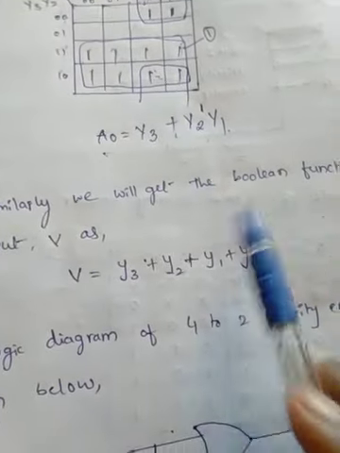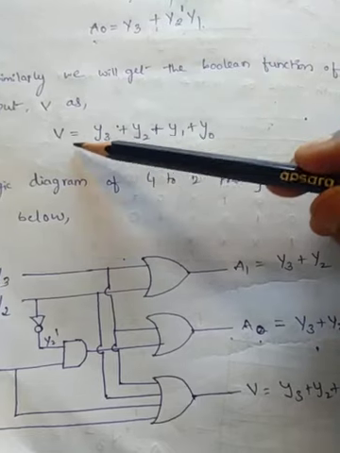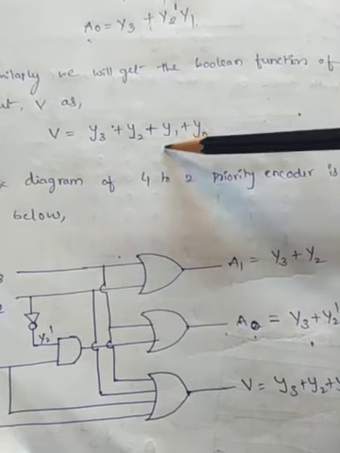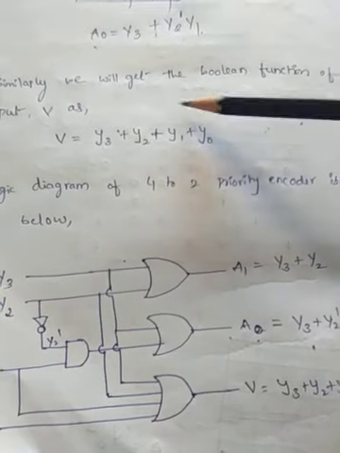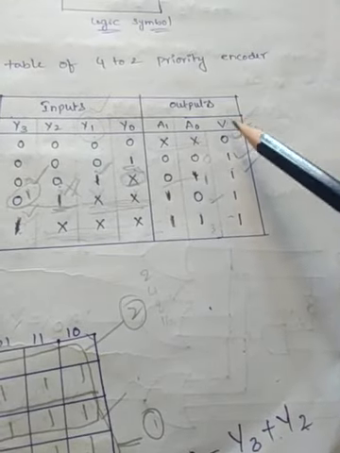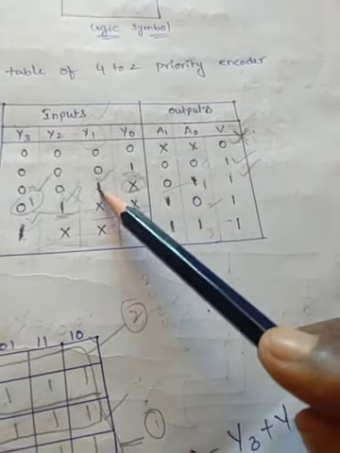Similarly, the logic equation for the valid output v is equal to y3 plus y2 plus y1 plus y0. This can be obtained by using a K-map, or we can directly write it from the truth table: v is enabled for y0 plus y1 plus y2 plus y3.